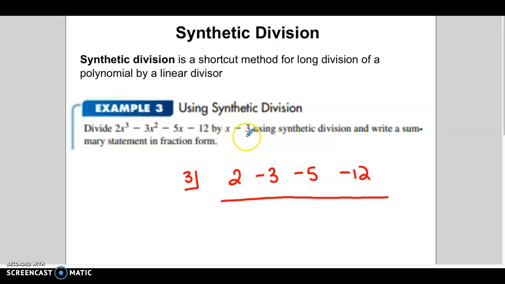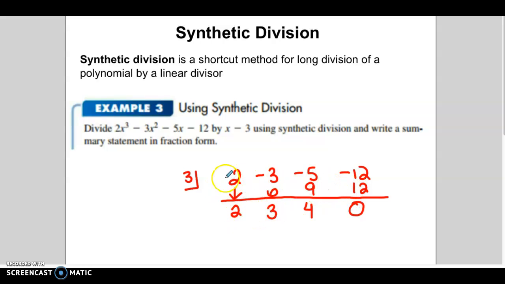Then we just take the 0 of the divisor, and we drop down the first term, multiply, add, multiply, add, multiply, add.